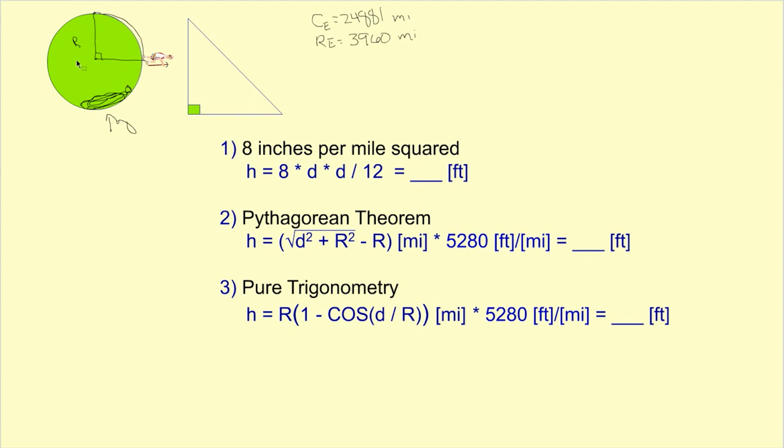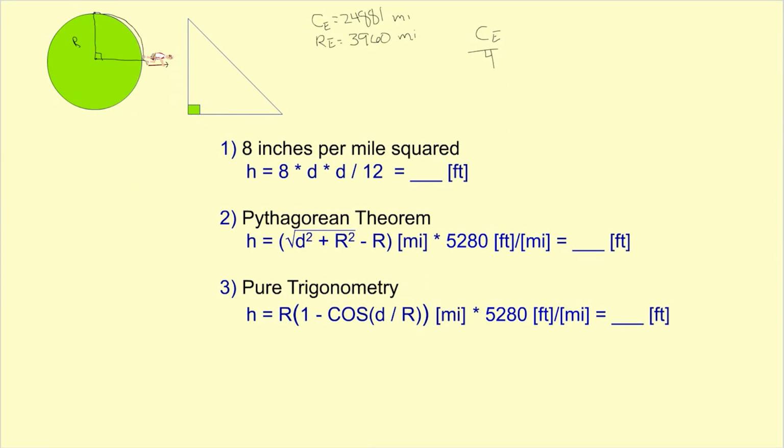So, we are traveling 1/4 way around the Earth, and that's going to be our check. So, what is that number? It is the circumference of Earth divided by 4.